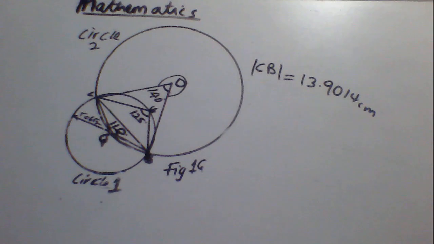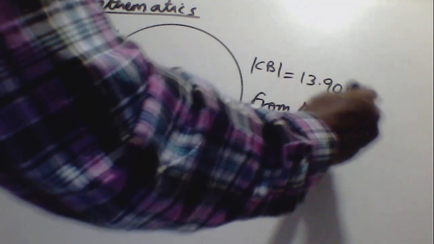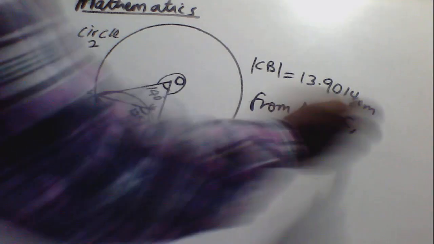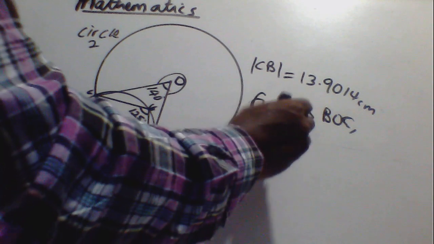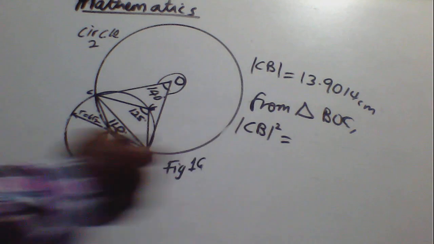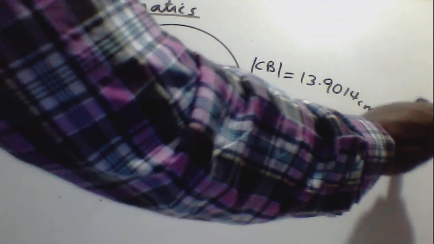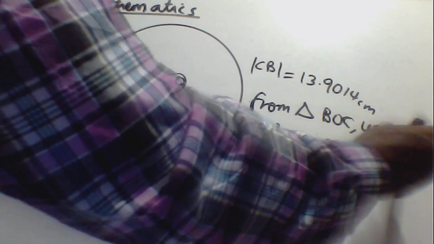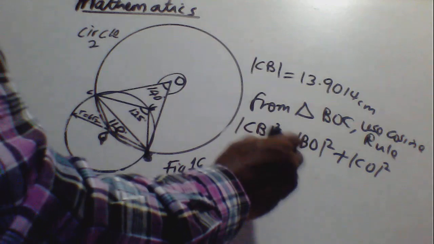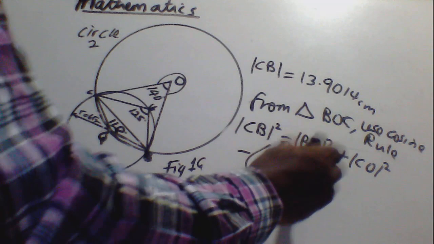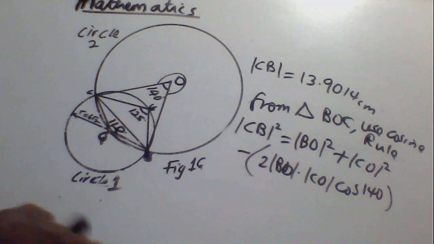From triangle BOC, we find that CB squared is equal to BO squared plus CO squared minus in bracket 2 BO dot CO cos 140. Use the cosine rule.